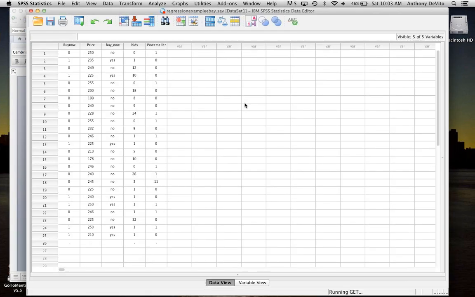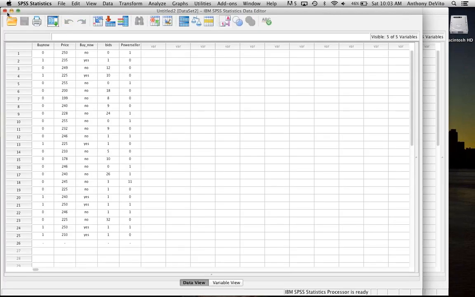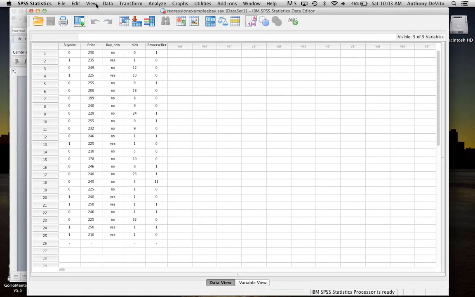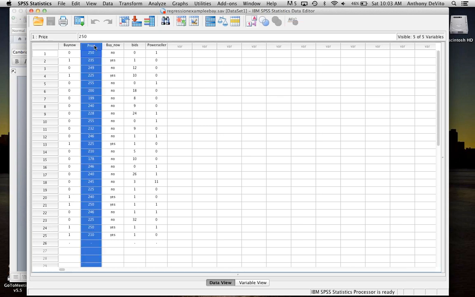Okay, in this particular example, what we have is the result of a series of 25 eBay auctions. This is from the text, from Agresti, one of the data sets. I don't remember exactly how they used it, but I'm going to make up my own version of it.